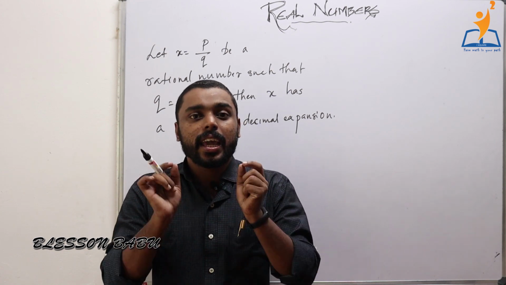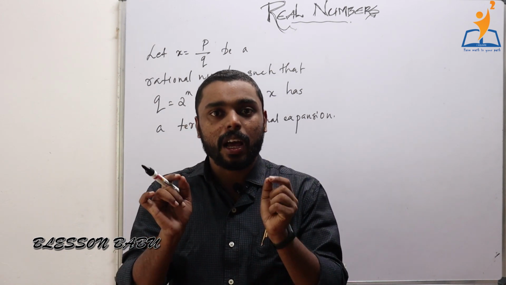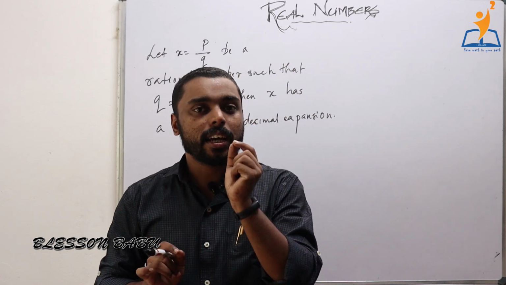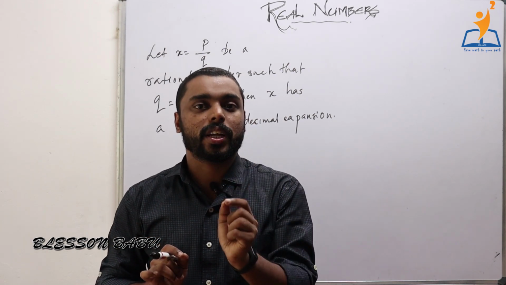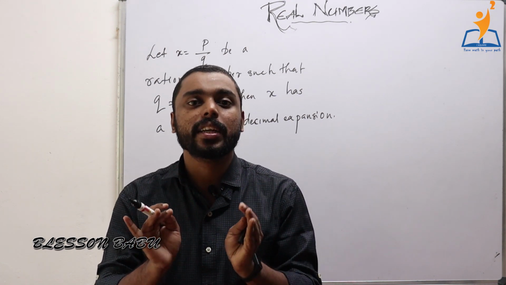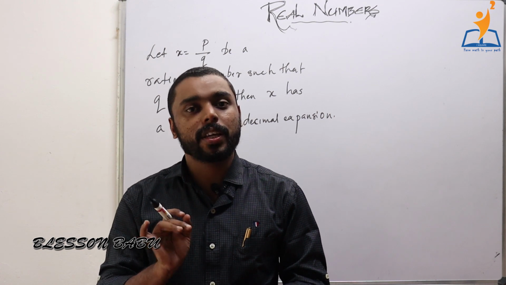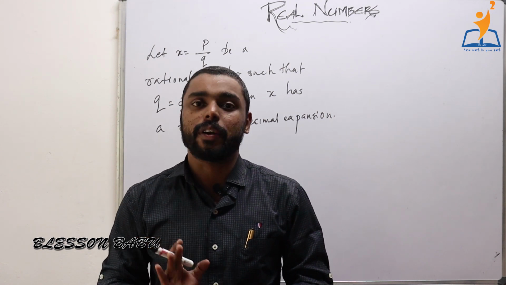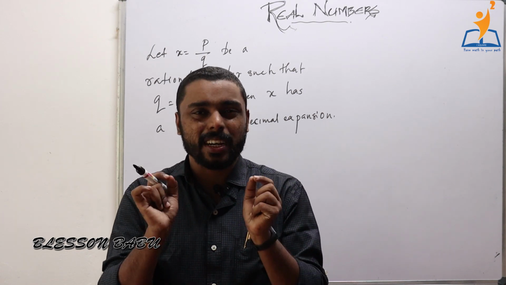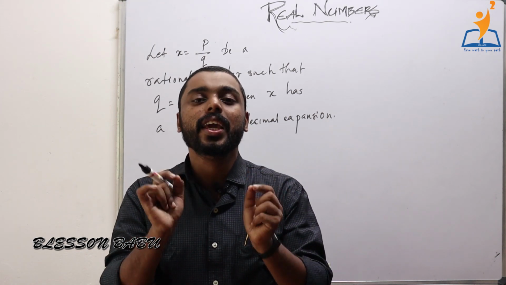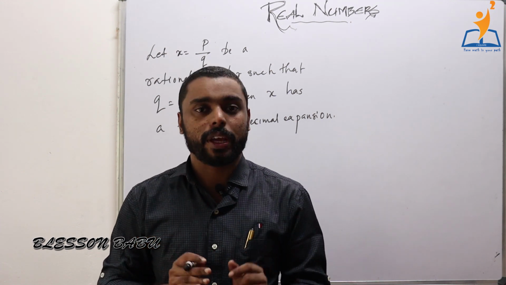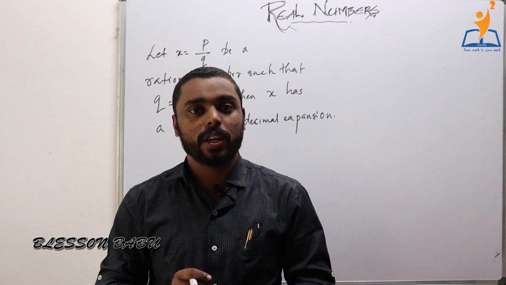That is, a rational number has a terminating decimal expansion if and only if its denominator is of the form 2 raised to m into 5 raised to n. Always remember this.